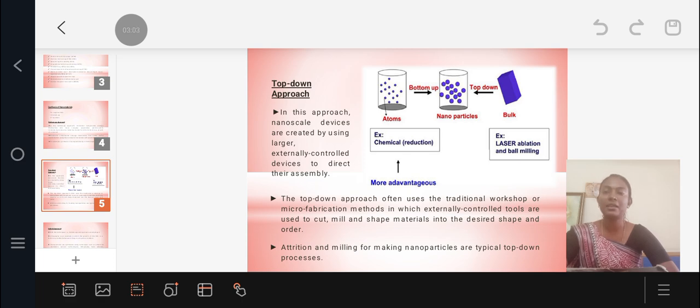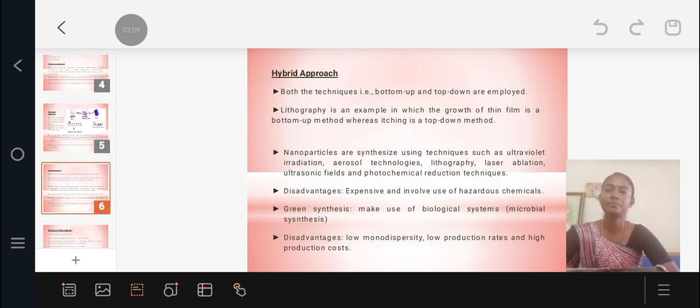Attrition and milling for making nanoparticles are typical top-down processes. Hybrid approach: both techniques, bottom-up and top-down, are employed. Lithography is an example in which the growth of the thin film is a bottom-up method, whereas etching is a top-down method.